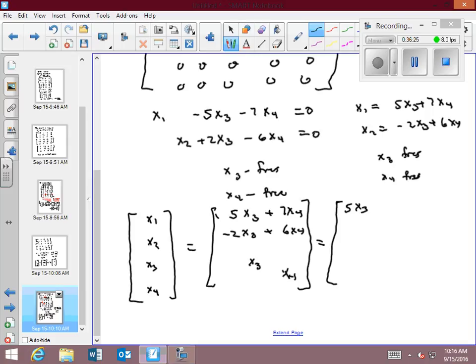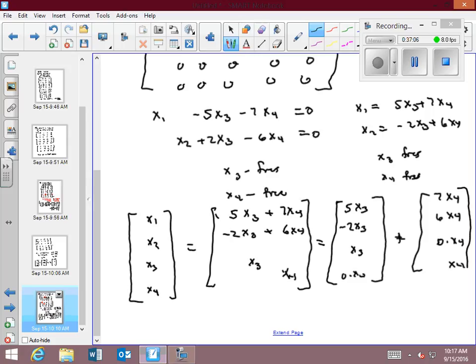You can skip this step. What I'm doing is breaking this down into its column vectors.